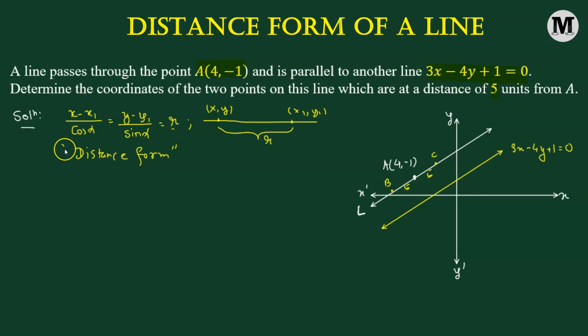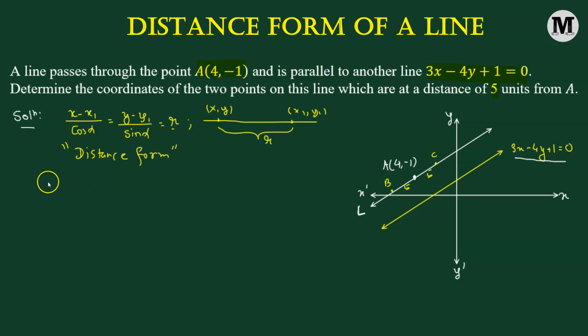Okay, now first we will try to figure out the value of alpha. It's given in the problem, the equation of the line 3x minus 4y plus 1 equals 0. From this line we can easily determine the slope, and once we know the slope of this line, we can also define the slope of line L, because we know that 2 parallel lines have equal slope.